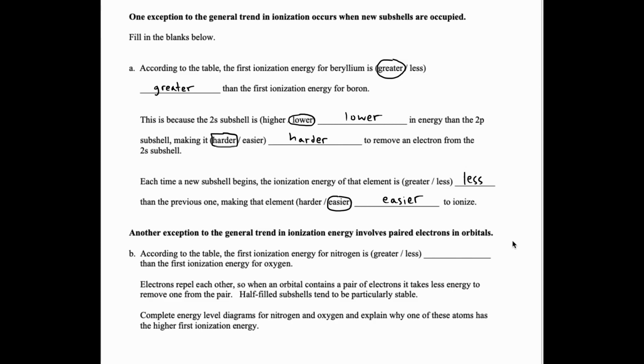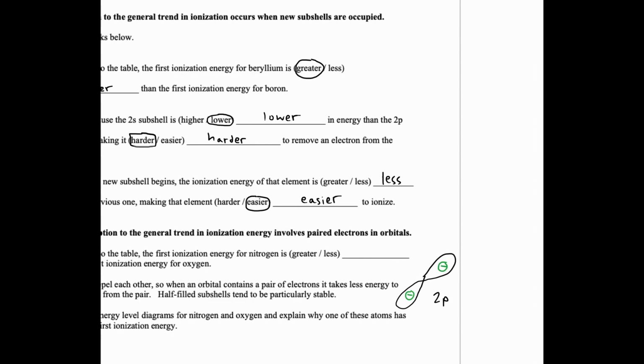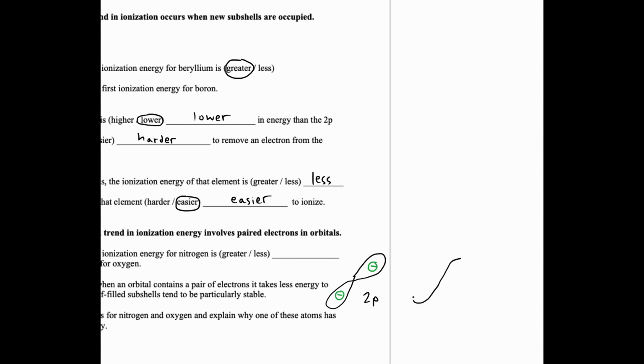If you have a 2p orbital here with two negative charges inside it, they will repel each other, making them want to get away more. And so it's going to be easier to steal one than it would be if we just had a 2p orbital with just one electron in it.